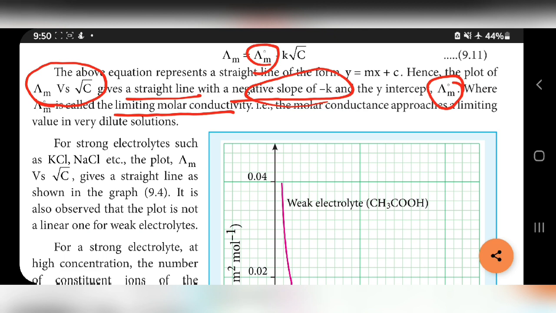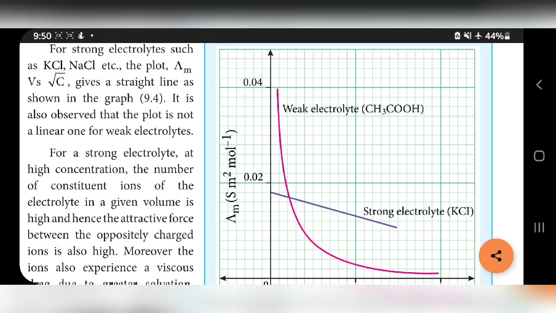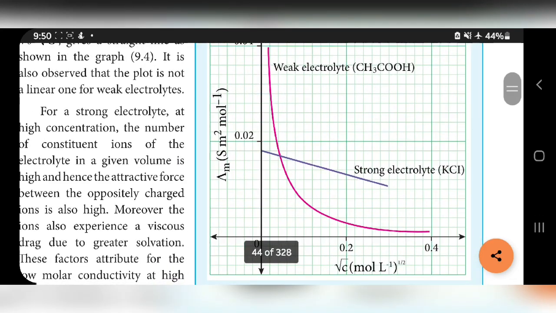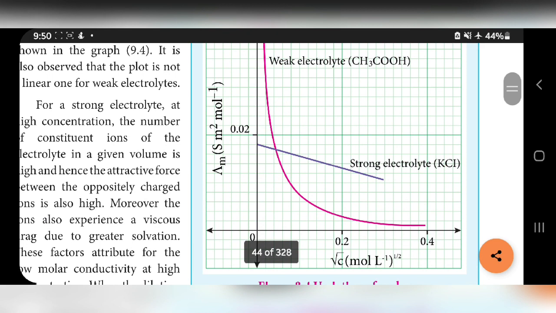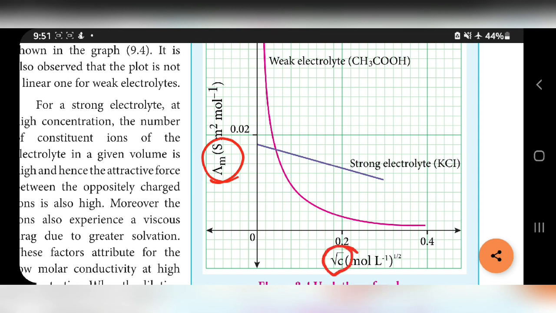See this graph: for a strong electrolyte we get a straight line, and for a weak electrolyte we get a curve.